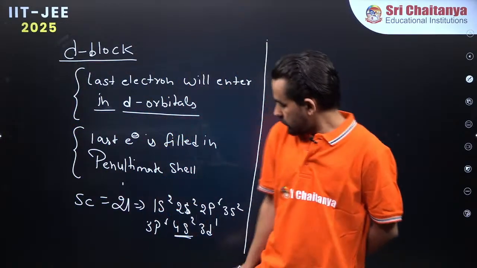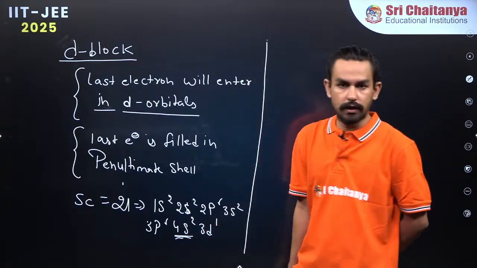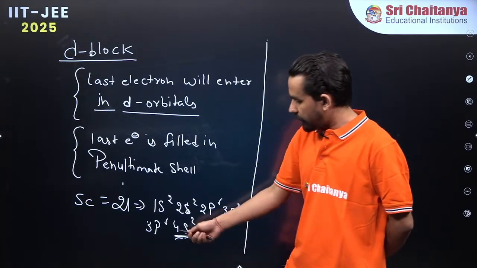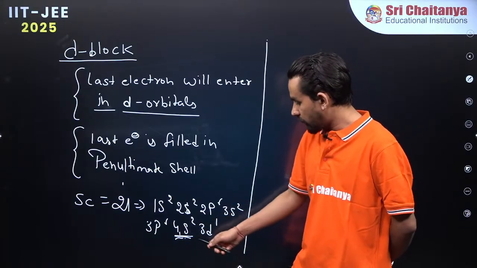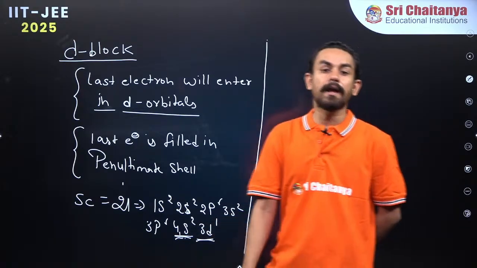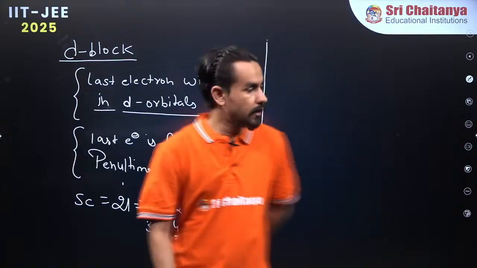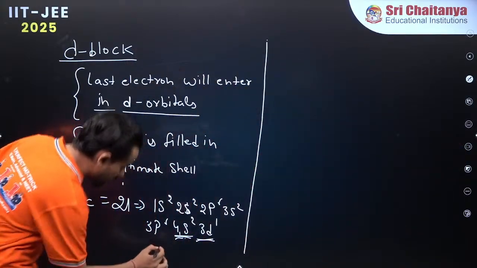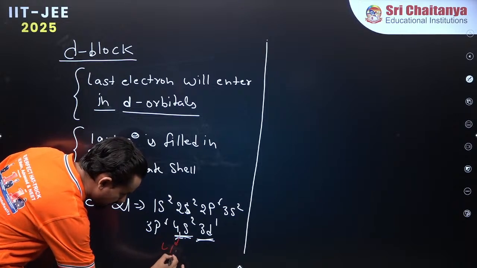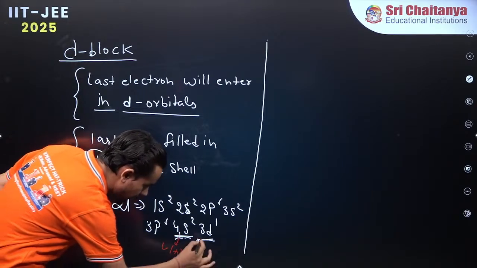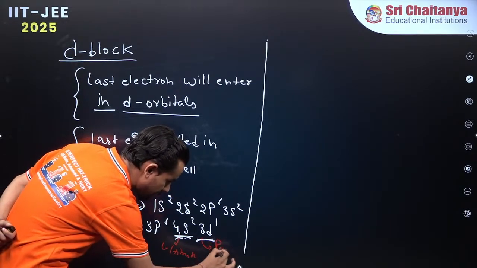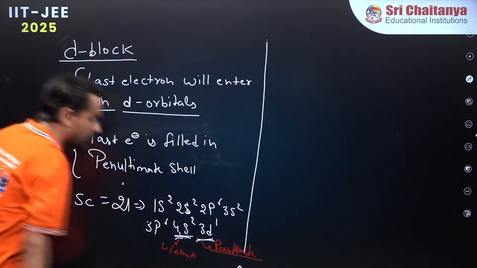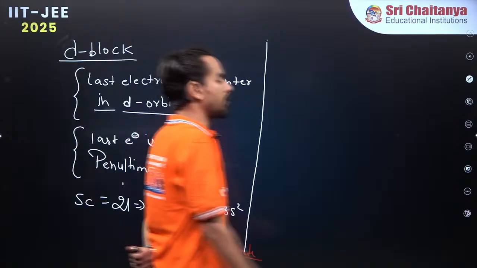Whatever has the highest n value is considered the outermost, ultimate shell, and whatever is inside, that is the third shell, is considered penultimate. So we always say that the electron will go into the penultimate shell.